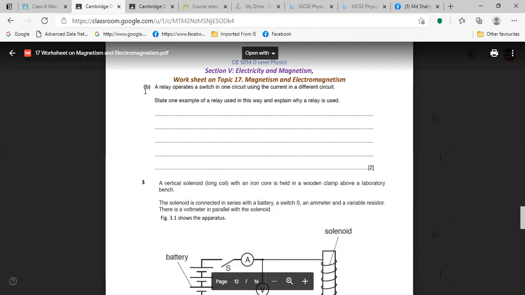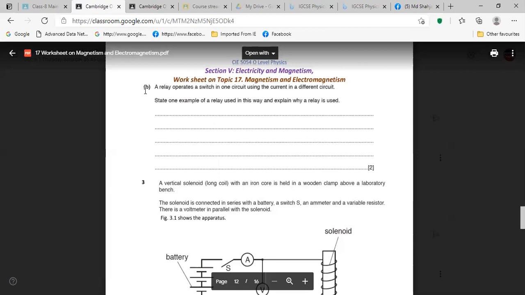To avoid unexpected situations. Like one example we are giving you is the nuclear power station. In a nuclear power station, there is risk of radioactive emissions, right?